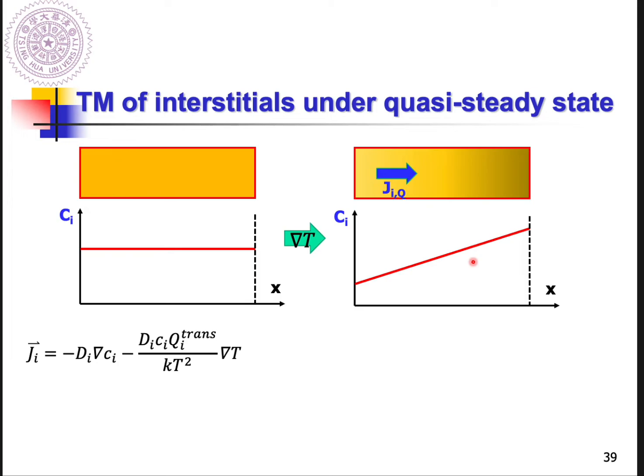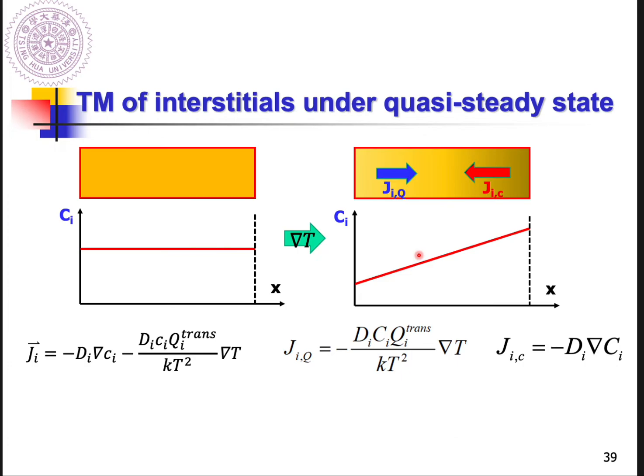The concept is that as long as a concentration gradient exists, the system or material itself is going to give rise to another driving force to counterbalance this atomic flux driven by the temperature gradient, right?